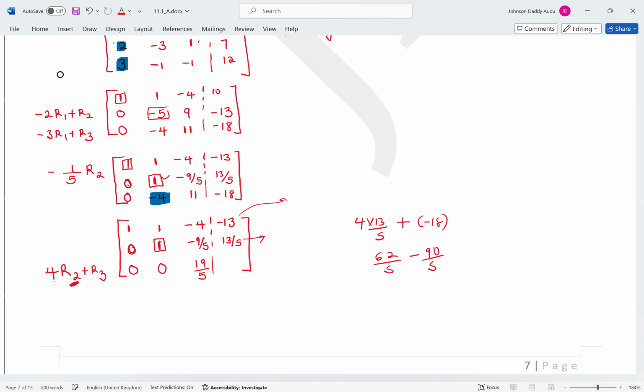So we have 62 minus 90, so this is 52. So this is minus 38 over 5, right? Okay, minus 38 over 5.